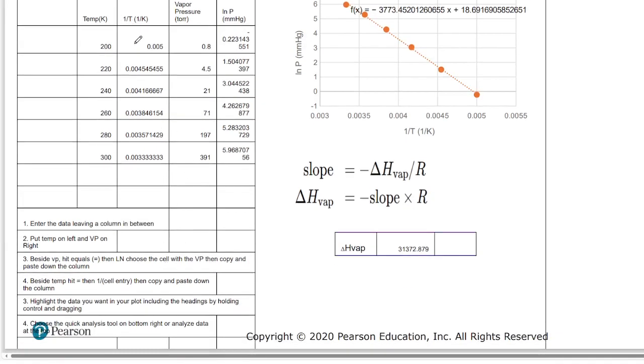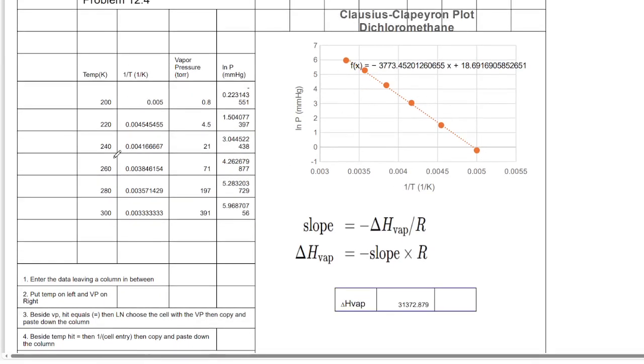I'm going to hit equals, then 1 divided by, hit this cell and hit enter. Then Control C, drag down and hit Control V, and now we have our data. Then we can highlight these 2 columns, right click and choose plot. And that's how I got my plot.